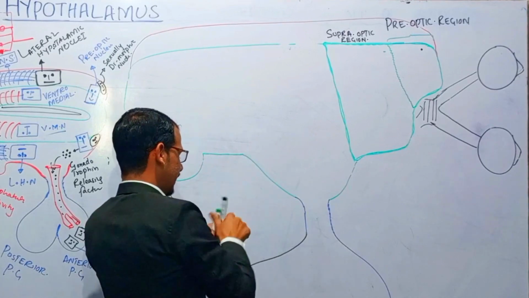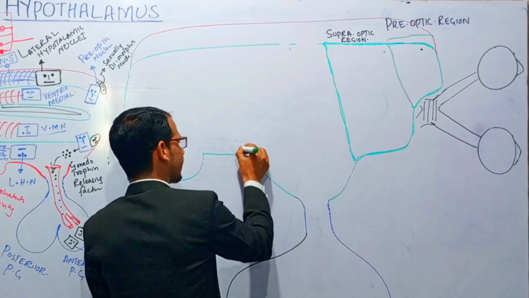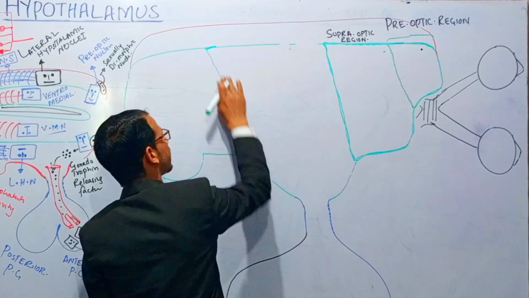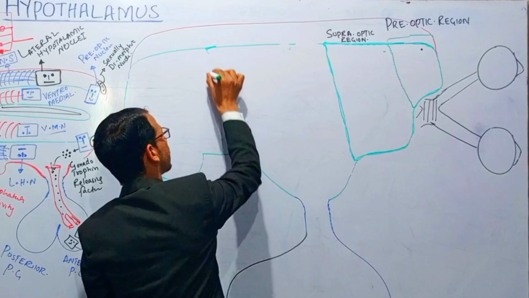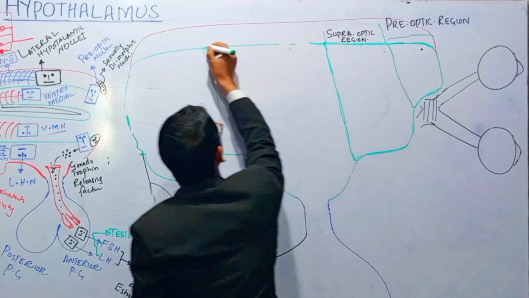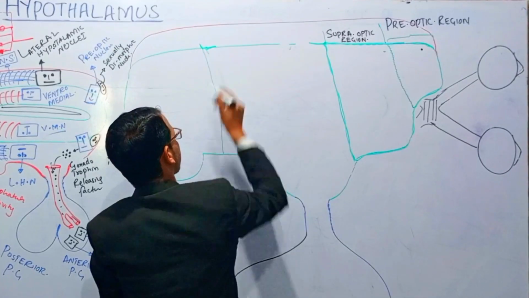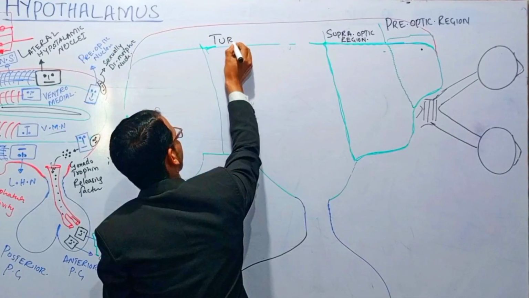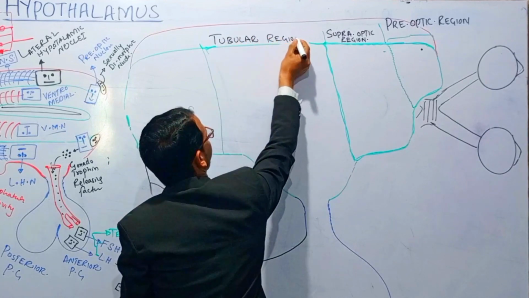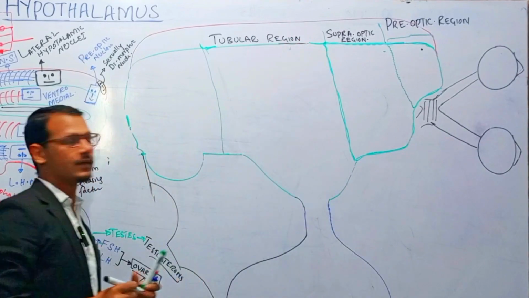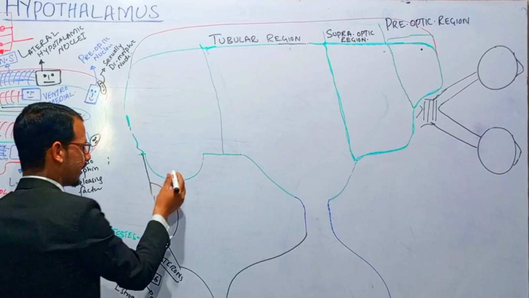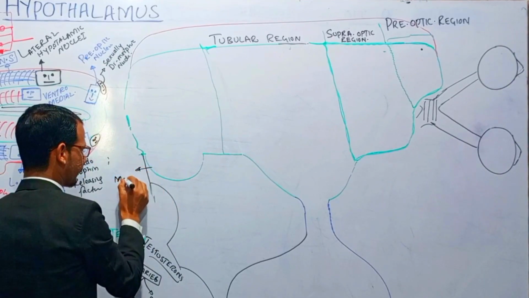This is the tuber cinereum, so this region is called the tubular region. Right? And the last portion, this is the mammillary body or mammillary swelling.